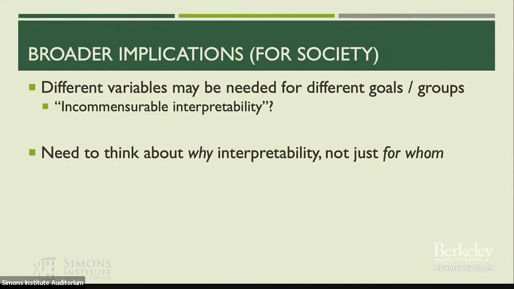The explainable model, if I'm doing loan approvals, might be different if I'm the loan officer versus the explanation that I as a loan applicant would want. I think that's getting a lot of traction and people are talking about that. That's the for whom. And I think really it's about the why.